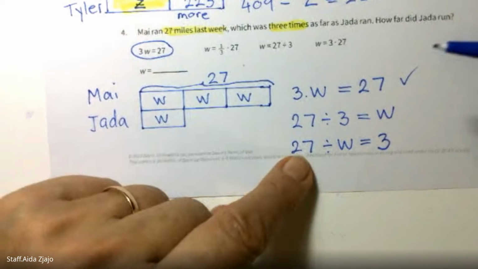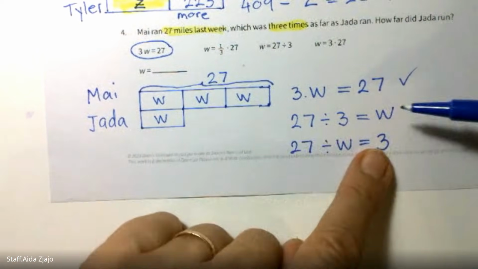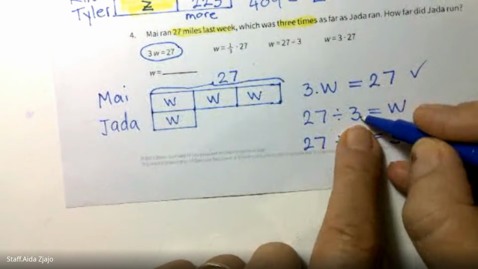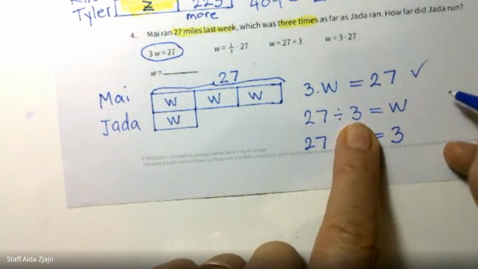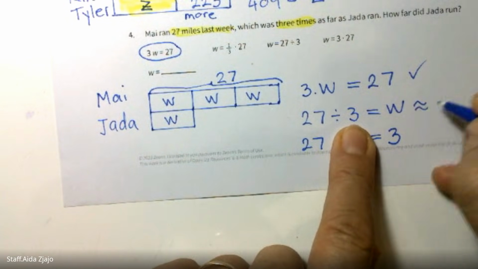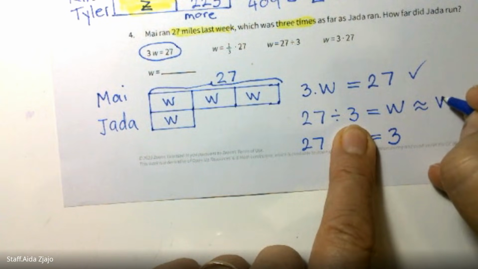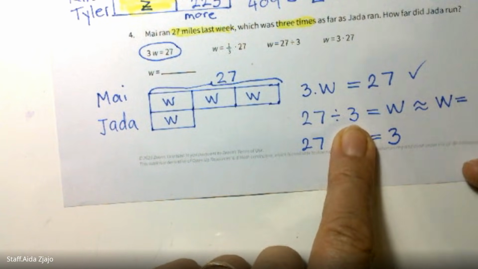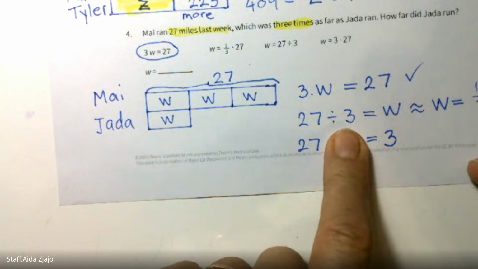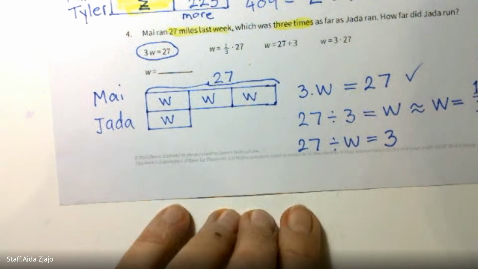27 divided by 3 equals W. Division by 3 is the same as multiplication by 1/3, so W is the same as 1/3 times 27, or 27 times 1/3.